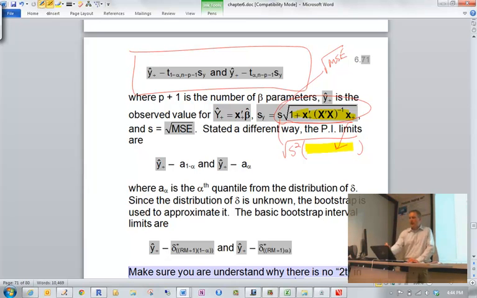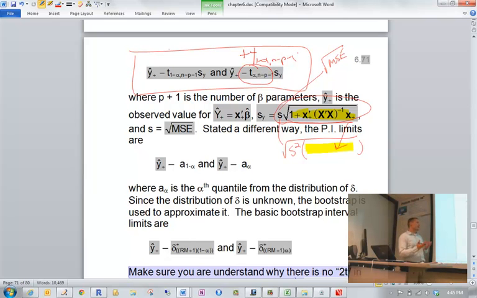Now, one little thing that's a little bit different in how I wrote this interval here is that typically instead of seeing a minus the alpha quantile from a t distribution, you see a plus t 1 minus alpha and minus p minus 1 to take advantage of the symmetric properties of the t distribution.